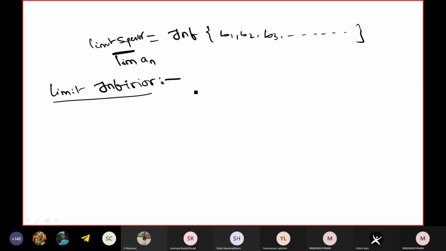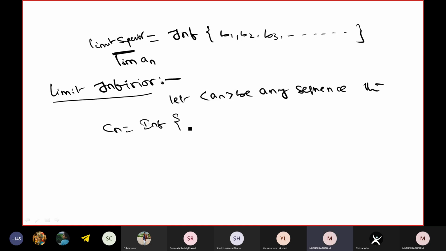Okay, so let a_n be any sequence. Then I can define C_n as the infimum of a_(n+1), a_(n+2), and so on.